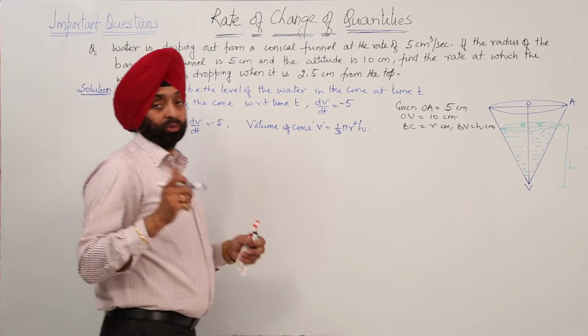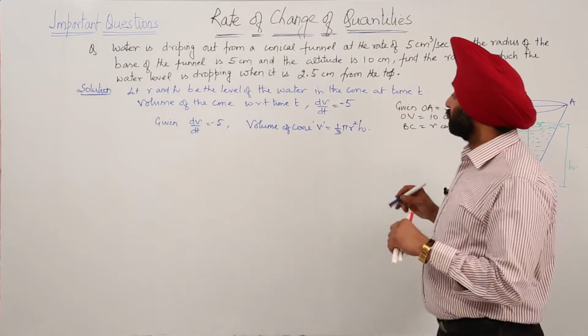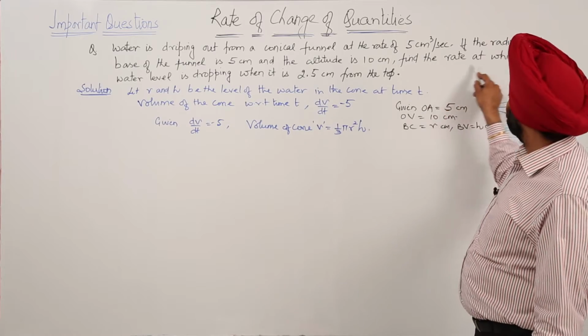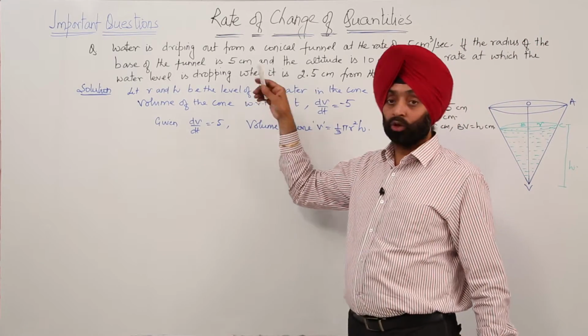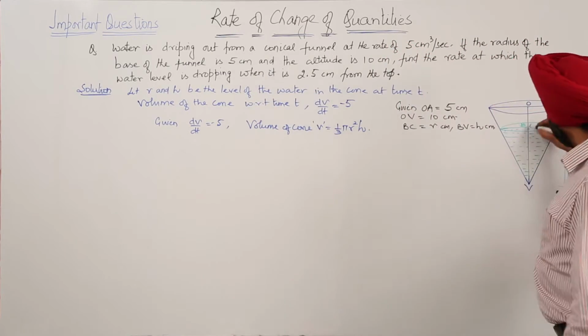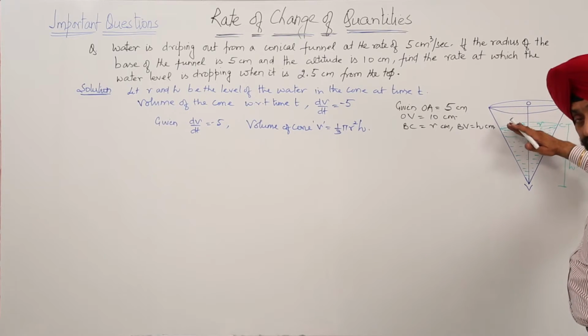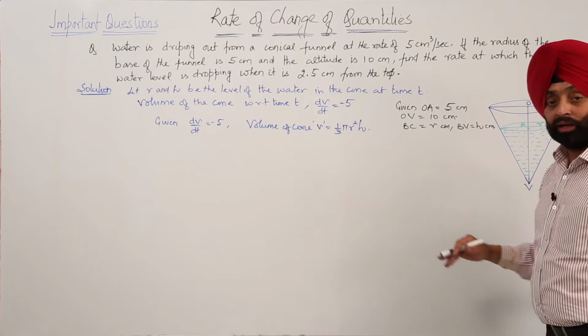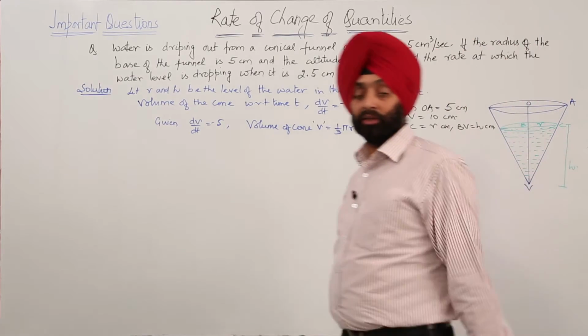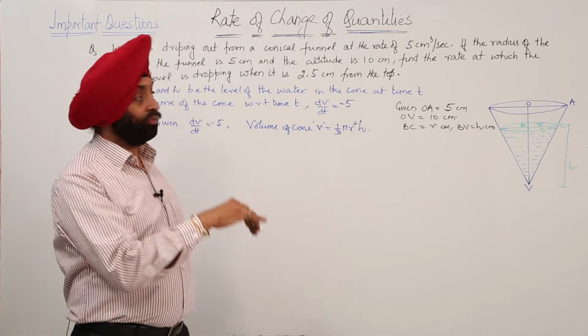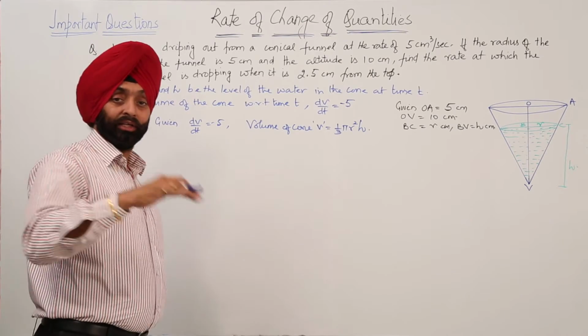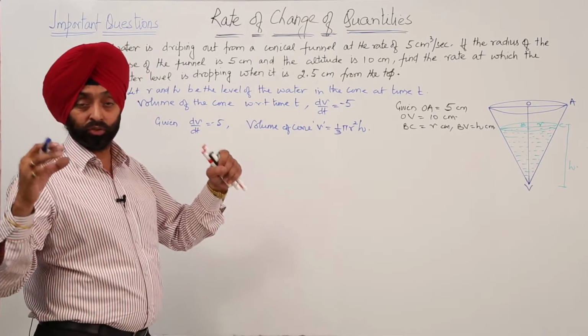Now identify what you want. First thing, you want to find the rate at which the water level is dropping. Water level is dropping, it means this level is coming down. So what we have to find? We have to find dH by dt. Okay, what is given? dV by dt. What we have to find? dH by dt. So always these things should be in your mind.